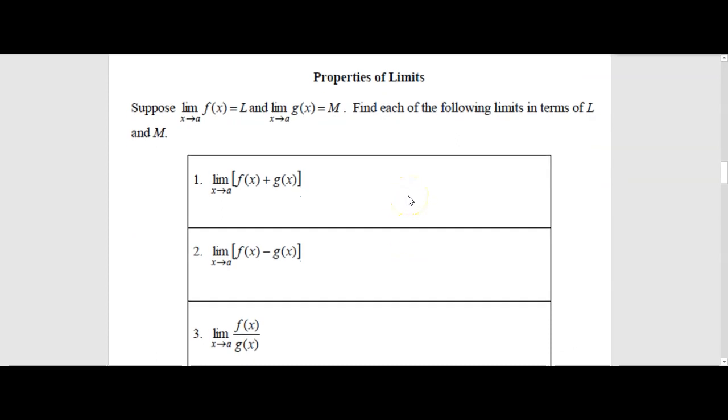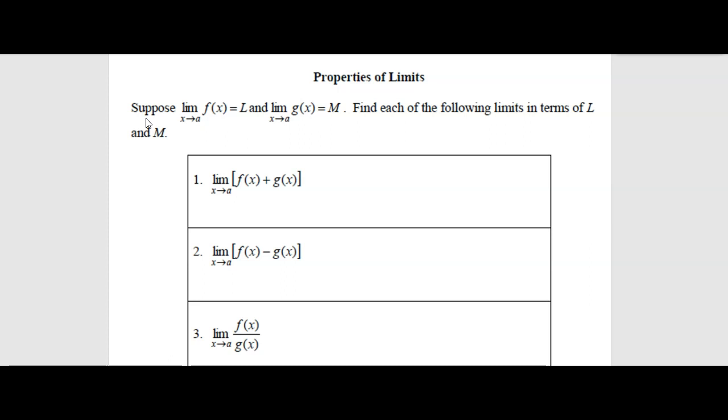So, properties of limits. Suppose that the limit of f of x as x approaches a equals L, and the limit of g of x as x approaches a is equal to M. And L and M are also going to be real numbers here.